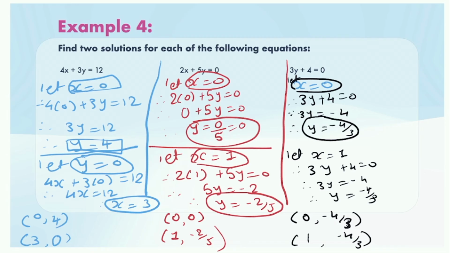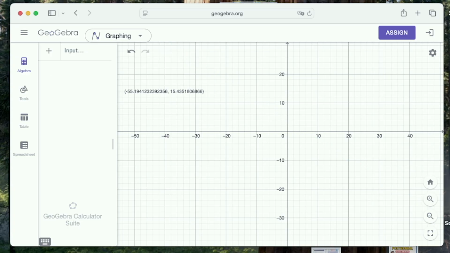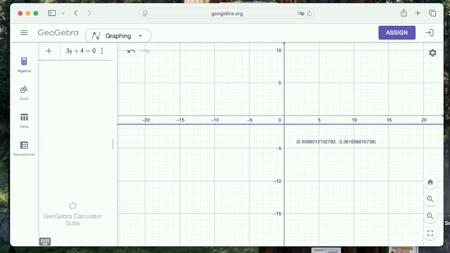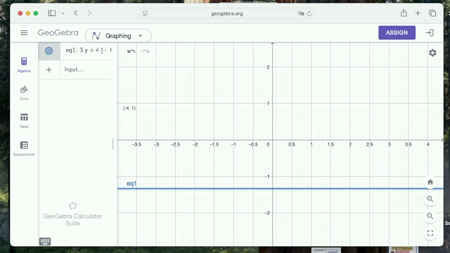3y plus 4 equal to 0. Let me write this equation as 3y plus 4 equal to 0. Now if I show this line on the graph paper, what will it look like? You can see here, this blue line is my graph for this equation.